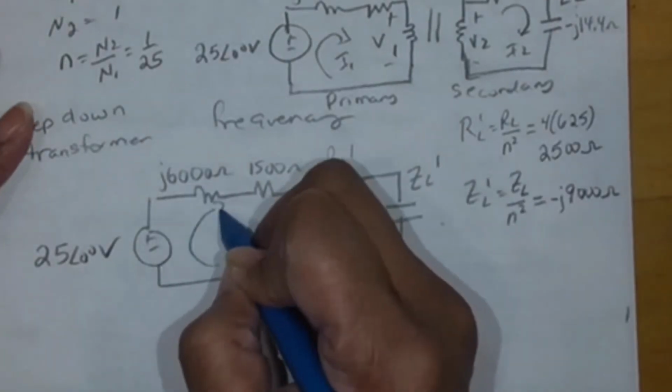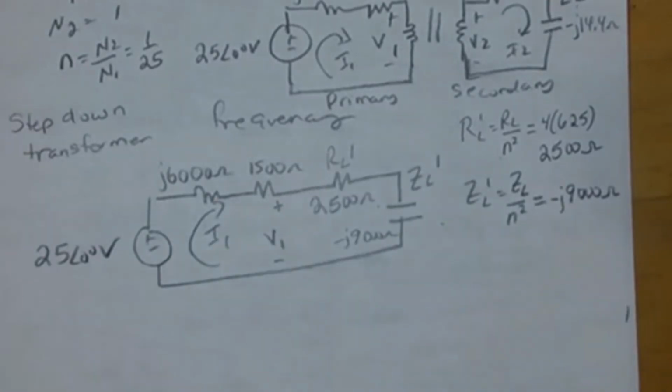So now this current is still labeled as I1, but now it's I1 through that whole loop. The clockwise current around that loop is I1.